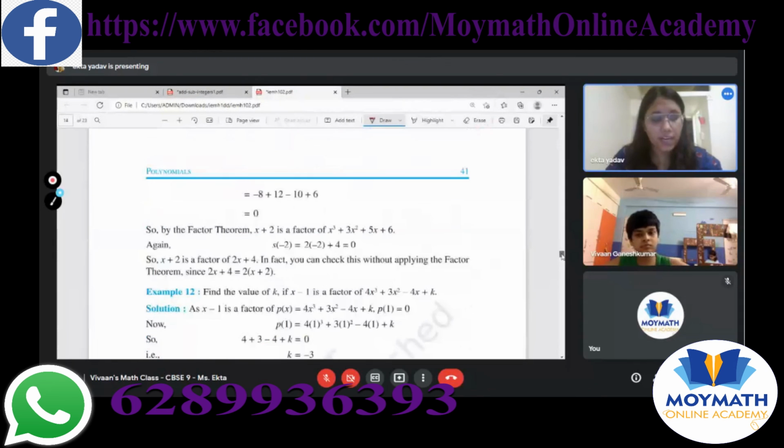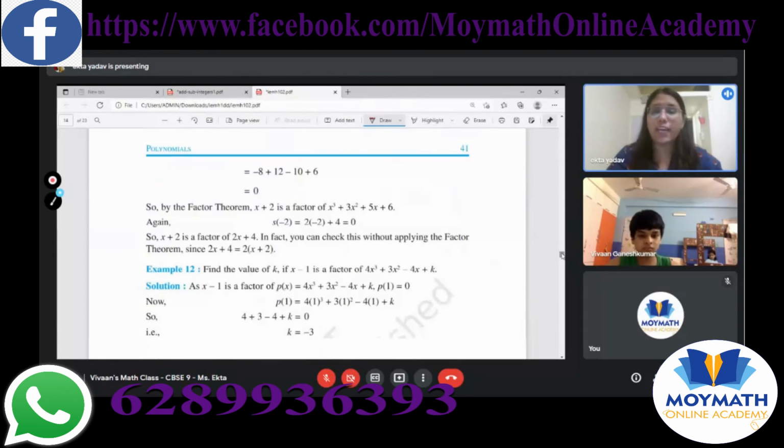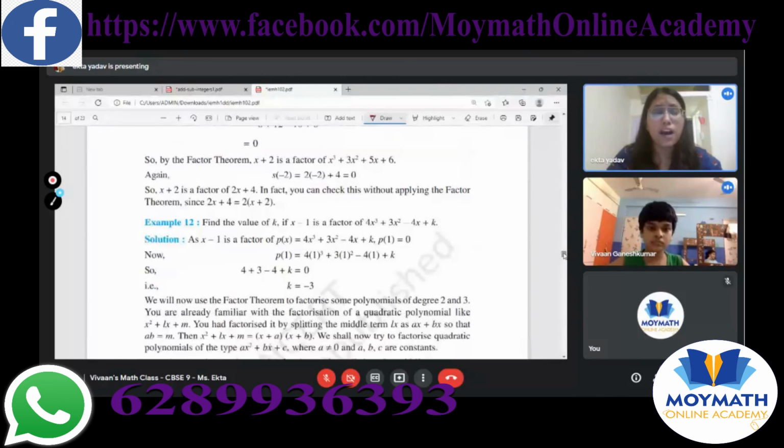Okay, now this is interesting. If you read example number 12, they have told you that x minus 1 is a factor of this polynomial. They're not asking you to find whether it is a factor or not.